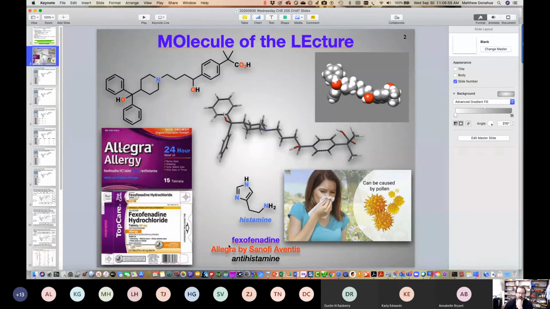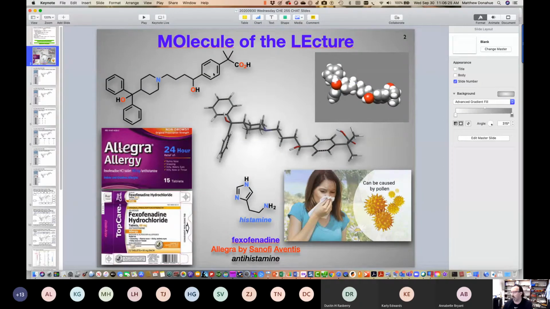Sanofi Aventis sells this, and then the generic, which is the same thing, is called fexofenadine. I think Top Care is maybe Walmart or something. So this brand is the generic brand of this drug. Presumably Allegra was a prescription drug at one point, and then it went off patent and other companies make it, and so that's called a generic.